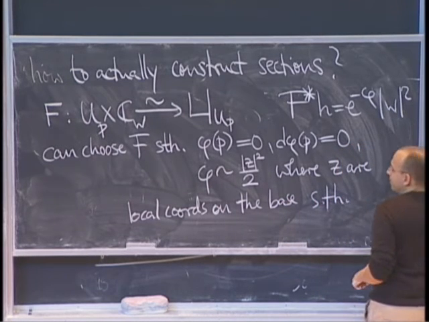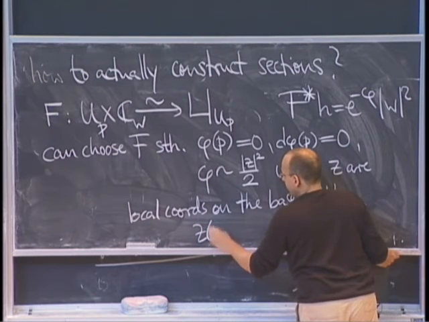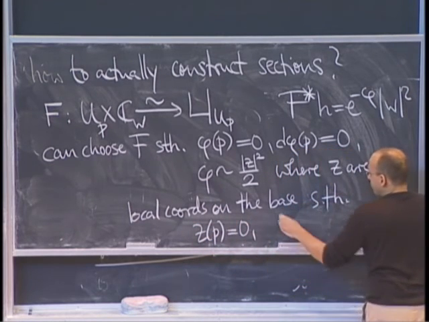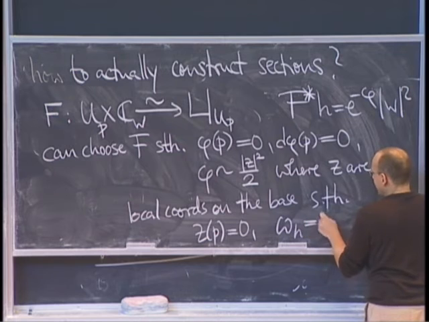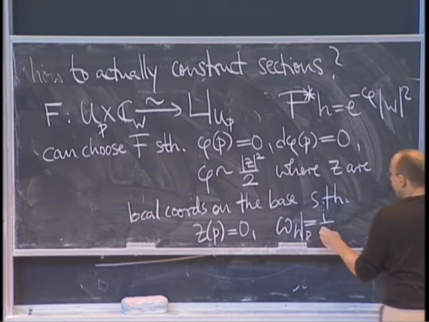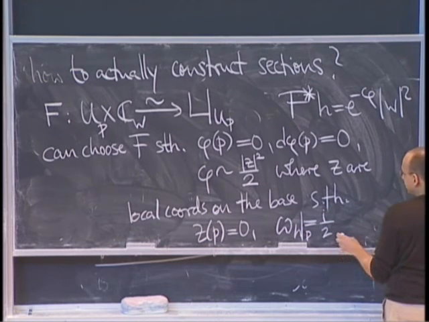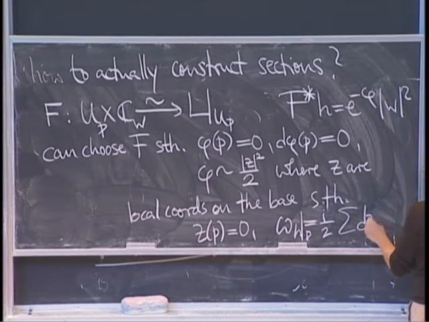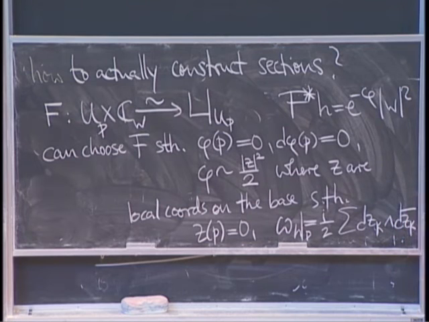Such that z of p is 0, and such that the curvature form of h at that point can be written as i over 2 times the standard Kähler form. Yeah, so I'm trying to get some sort of best possible approximation by the local model.